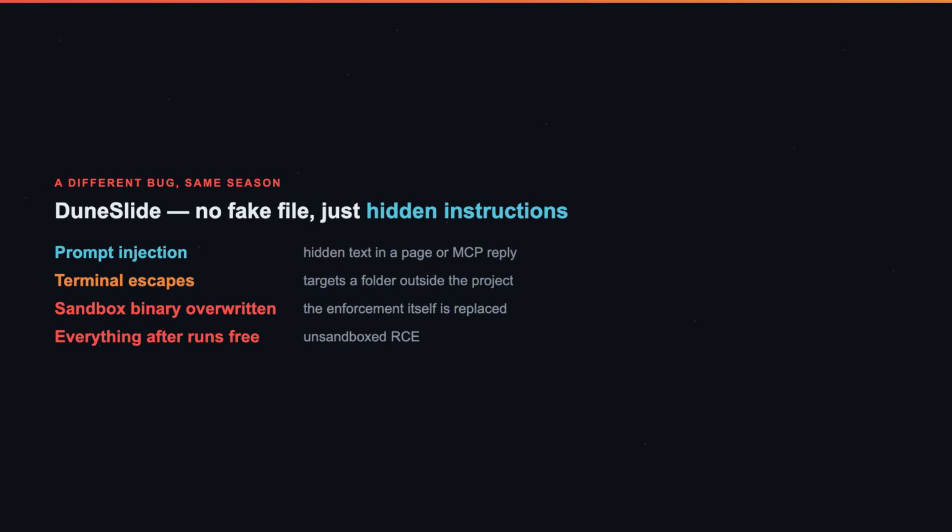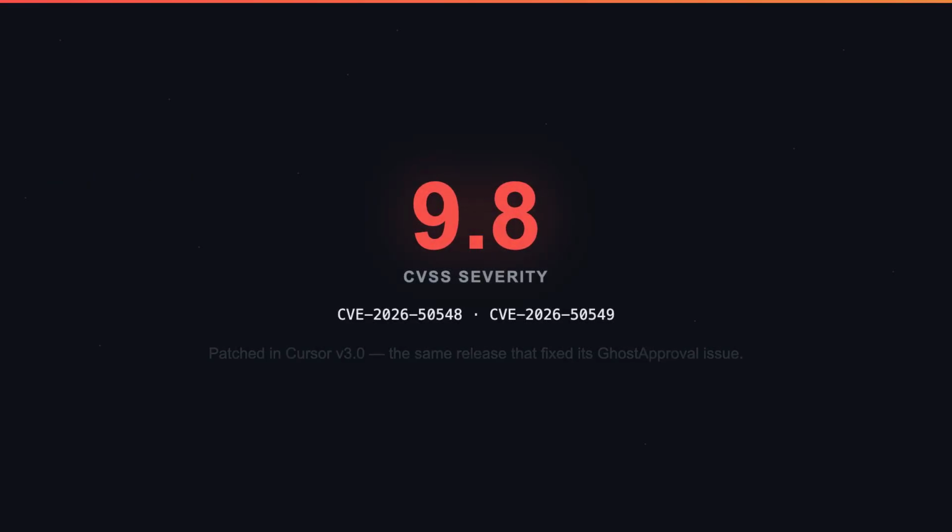Those hidden instructions could steer the agent's terminal tool into targeting a folder outside the project, then overwrite the sandbox's own enforcement binary. Do that, and every command afterward runs unsandboxed. It scored 9.8 out of 10 on the CVSS scale. Cursor patched it in version 3.0, the same release that fixed its ghost approval issue.